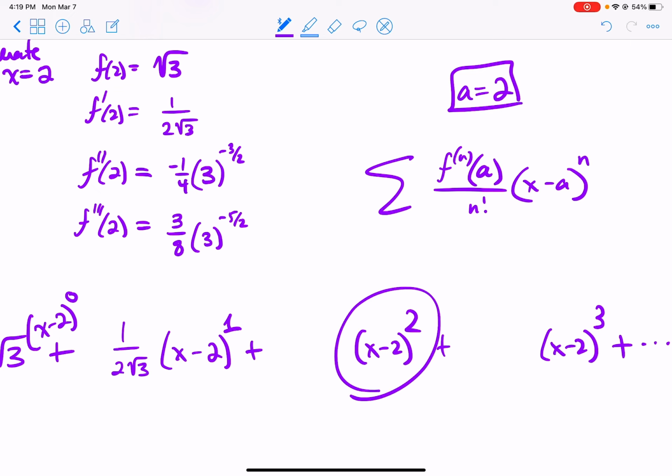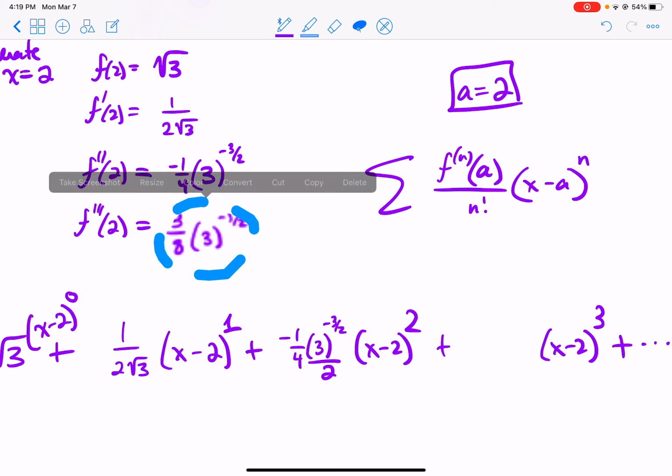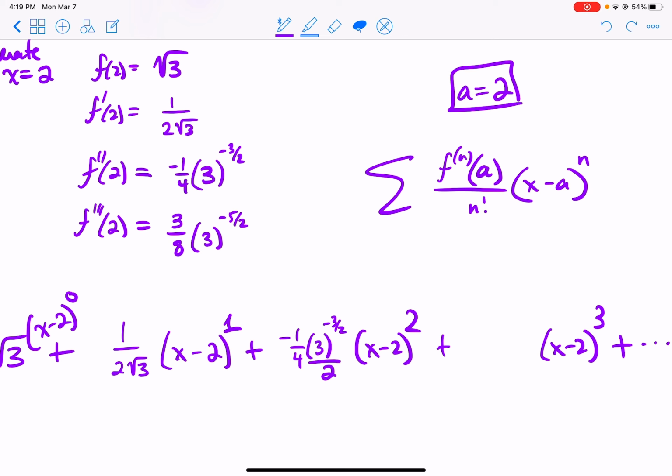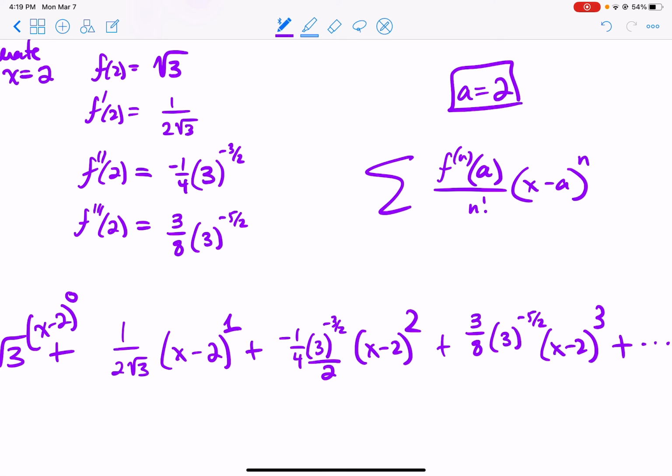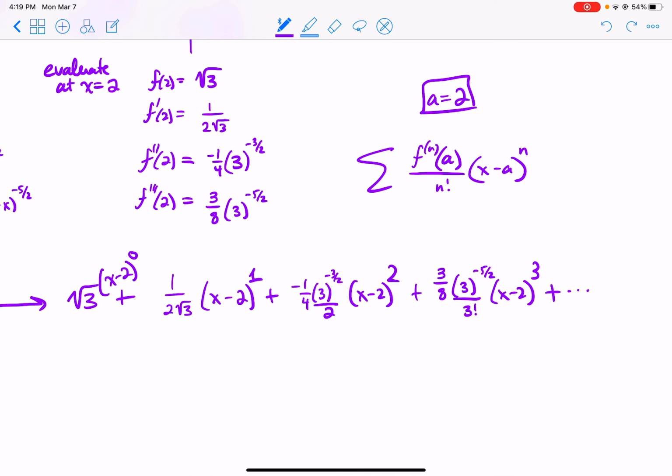Now here I'll need a 2 factorial downstairs, so negative 1/4, 3 to the negative 3 halves, and then divide actually by another 2 factorial. And over here I get 3/8. But then I have to divide by 3 factorial. So we could cancel that 3 and that 3 and get a 2, but anyway, so there we have it.